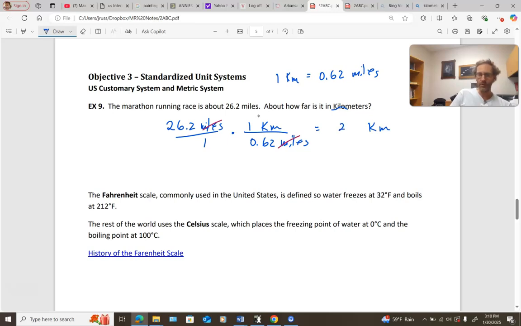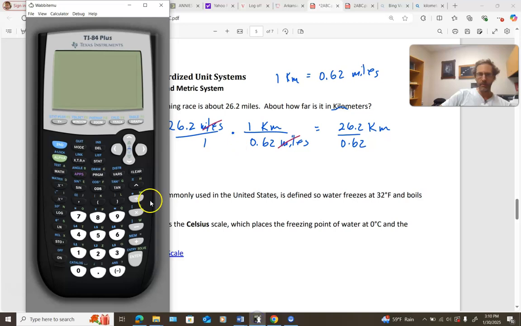26.2 times 1 is 26.2. We've got some stuff to multiply in the denominator. 1 times 0.62 is 0.62, which means, guys, we've got one last step here. We need to actually divide. So we'll say 26.2 divided by 0.62.